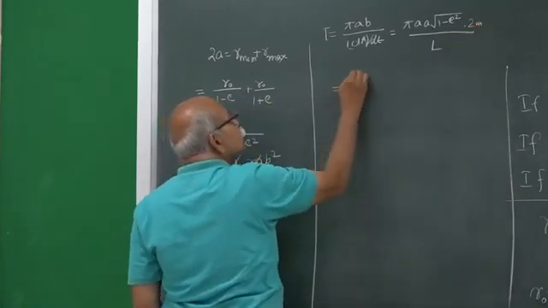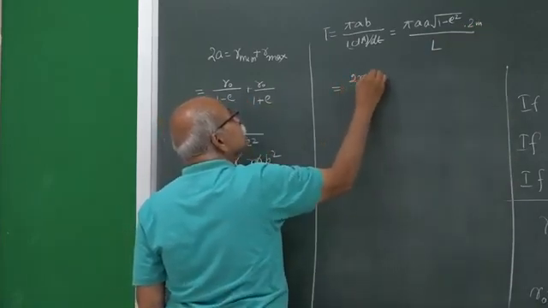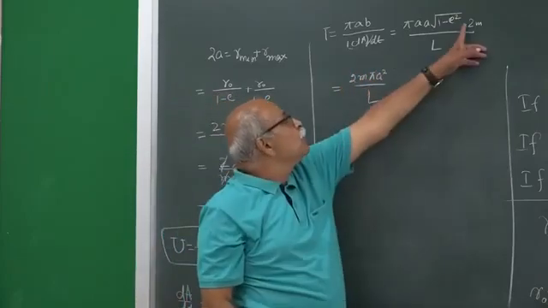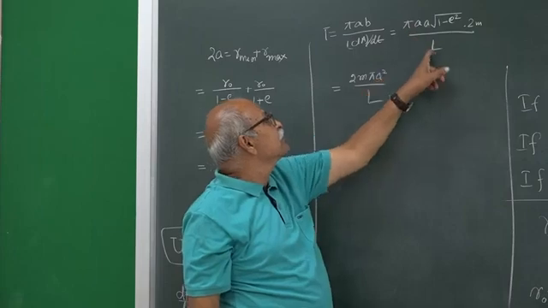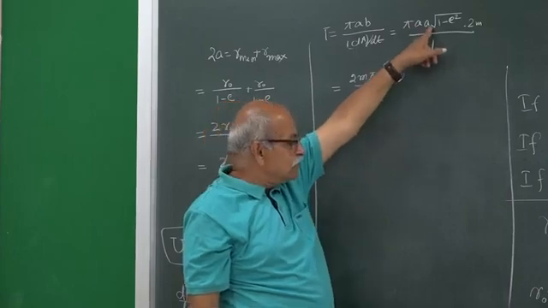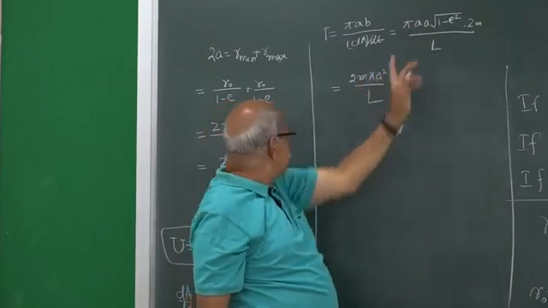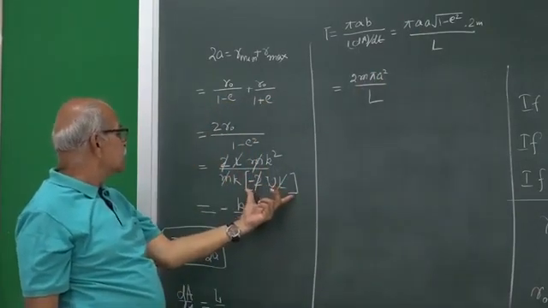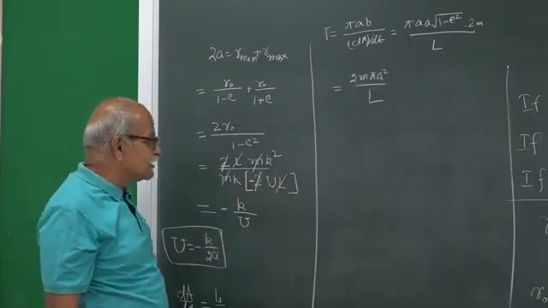So, it is 2 m pi a square by L, times the square root of 1 minus e square. 1 minus e square we had written, divided by m k square.